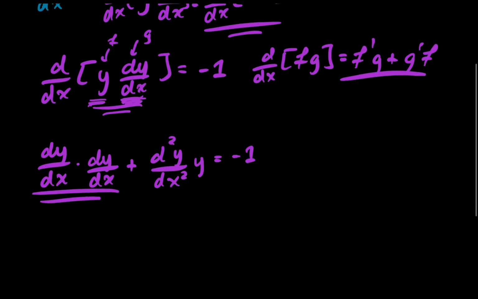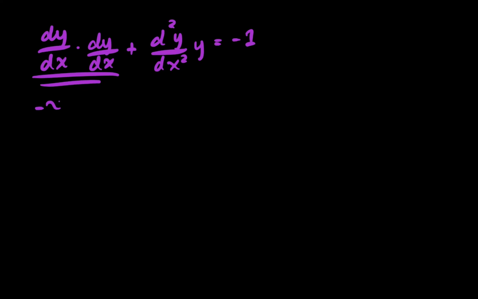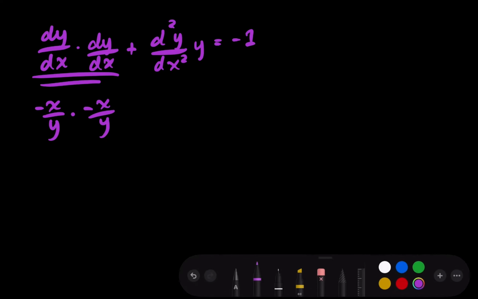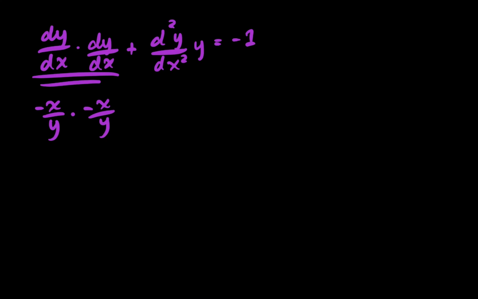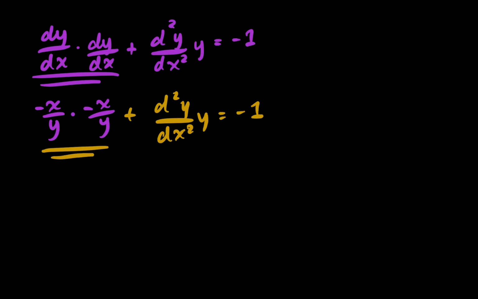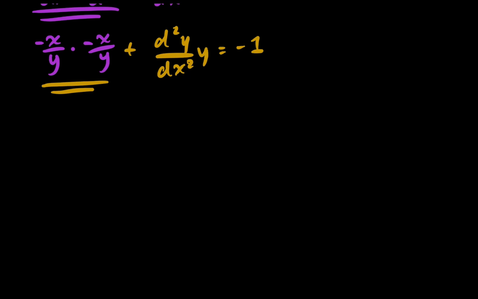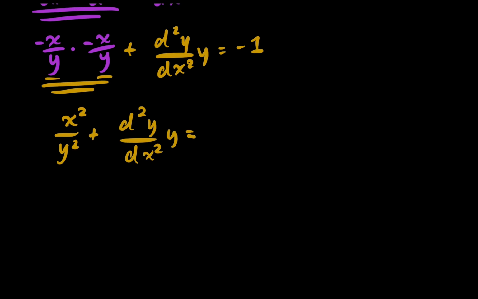Here we get negative x over y times negative x over y, plus d squared y by dx squared times y, equal to negative 1. We can simplify this: negative x times negative x is positive x squared over y squared, because we have y times y, plus the second derivative of y with respect to x times y equals negative 1.